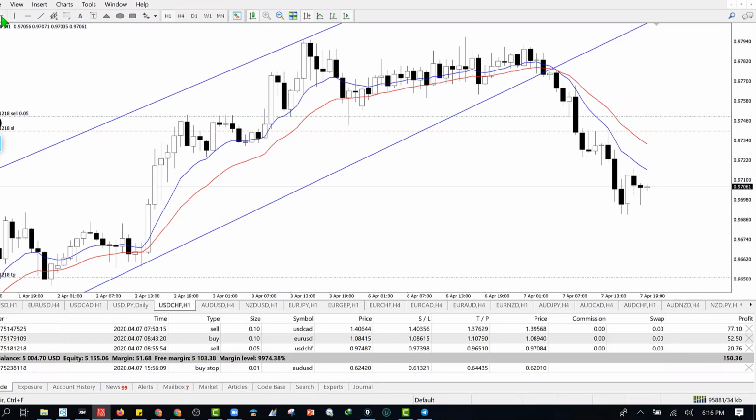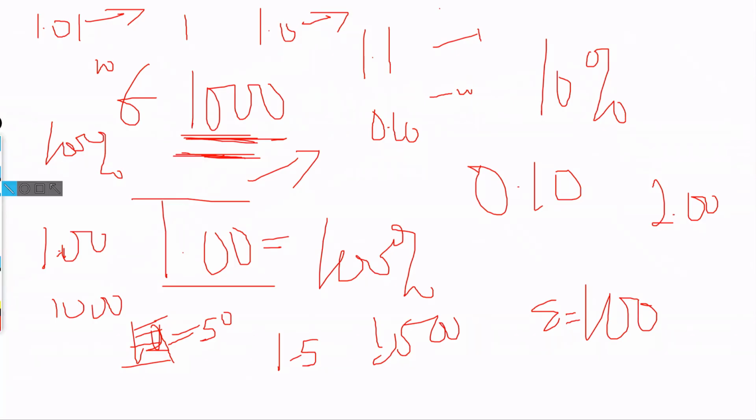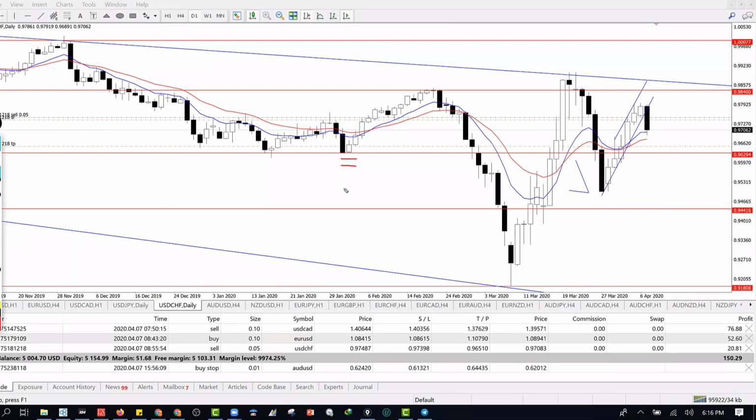Now let's measure this. After you enter the trade right here, let's count it. Sorry, I'm going to put this on the daily time frame. At this zone, this is where the trend is right now, a bearish candle, right? Now you think the price is going to continue to move in a downward trend. Am I right?